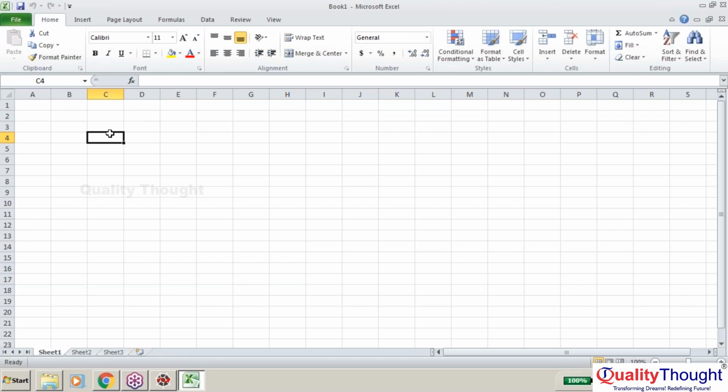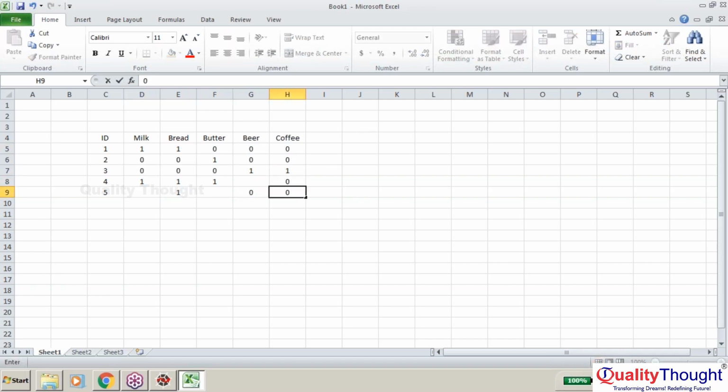This is the transaction ID, and there are multiple items. This is how the table exists for us.